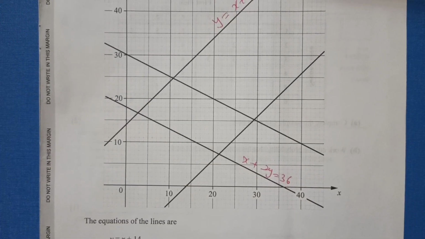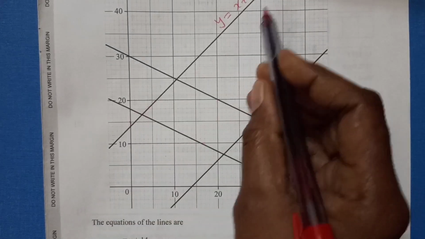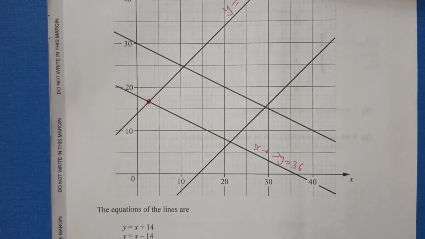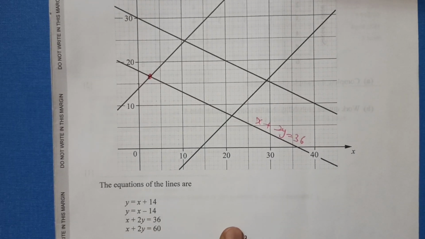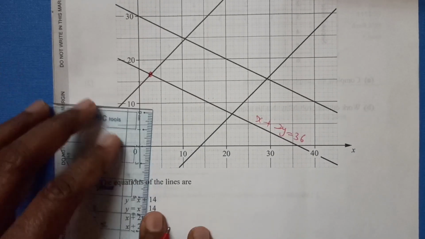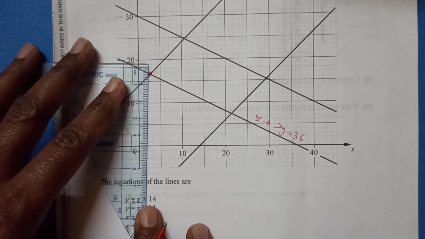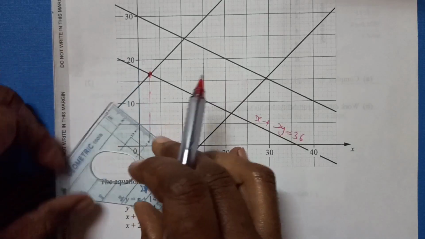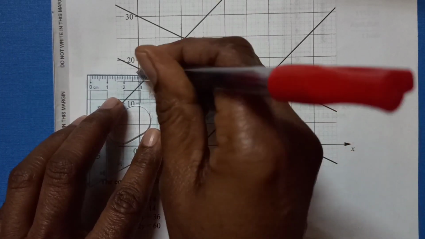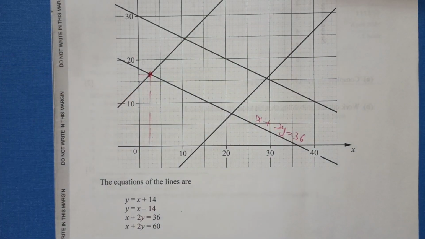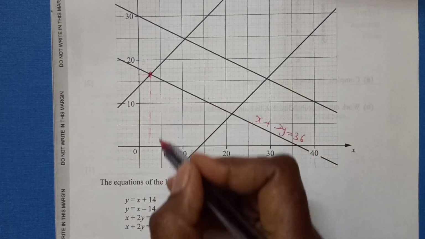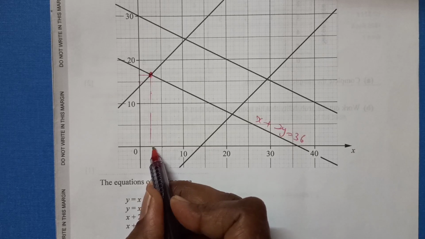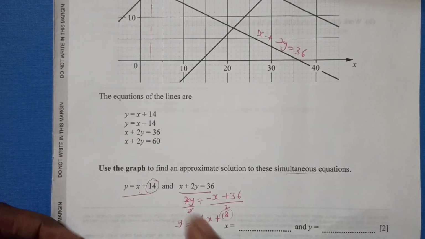So now see where these two lines intersect, at this point. So this is our point where we are looking for the solution. So let's just go down to find out the value of x, and on the left hand side to find out the value of y. When you go down here, this is 5 and half of 5 is 2.5. So it's approximately 2.3 here.